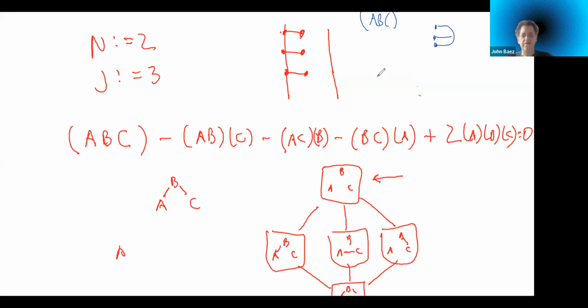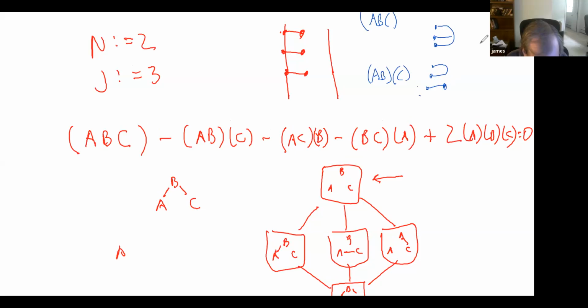Sorry, and yeah, ABC is something like this. So now you do really got me worried that I maybe wrote something upside down or something like that. But it worked out when I tested it.